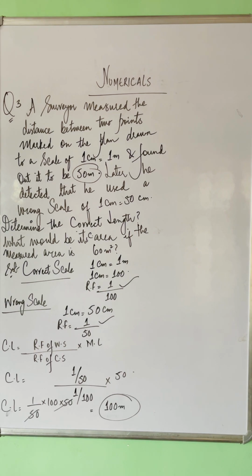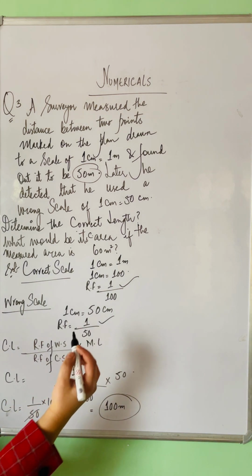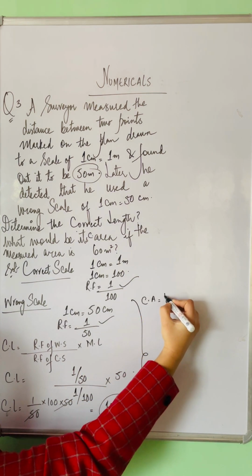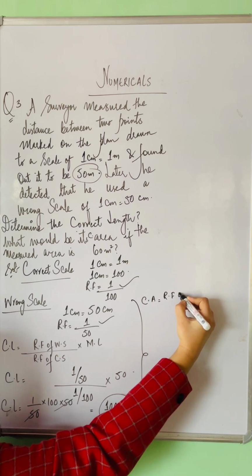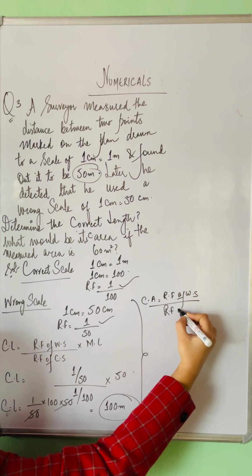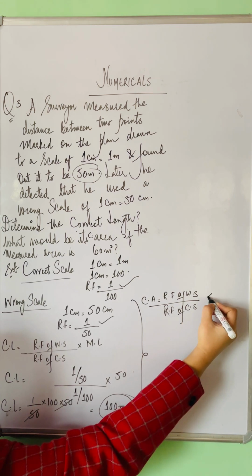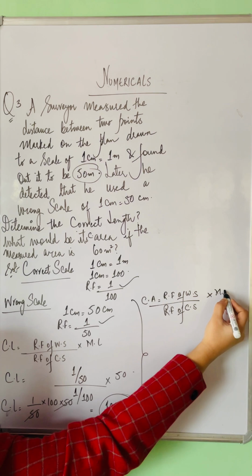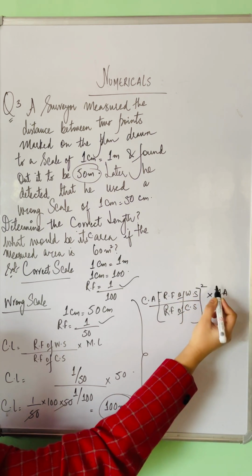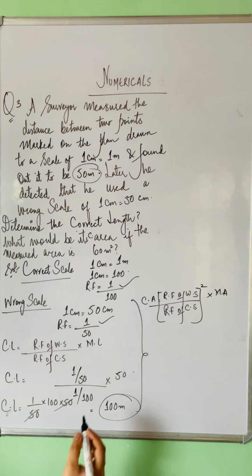Now we have to determine correct area if the measured area is 60 meter square. Right, I write it down here. We know that correct area is given by RF of wrong scale divided by RF of correct scale multiplied by measured area, but the square of it. So what will be the correct area?